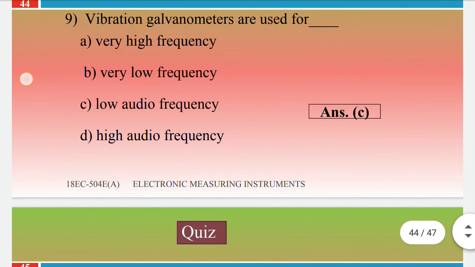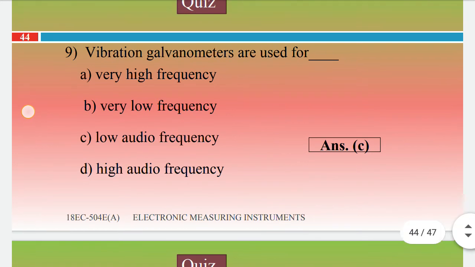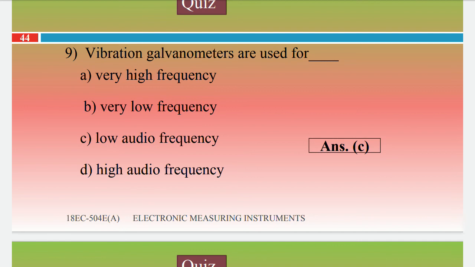Next question, ninth question. Vibration galvanometers are used for A very high frequency, B very low frequency, C low audio frequency, D high audio frequency. Vibration galvanometers are used as detectors which are basically useful for low audio frequency, which ranges from 5 Hz to 1000 Hz, but are commonly used below 200 Hz.